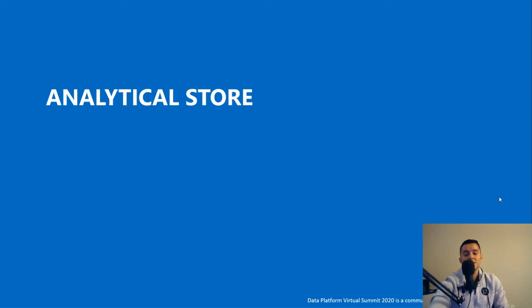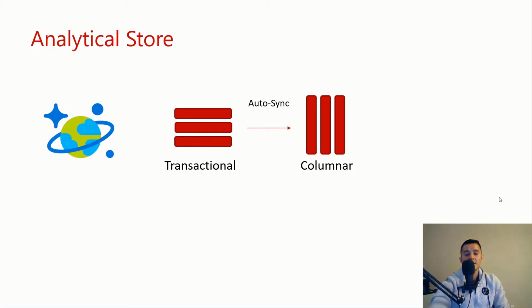Now this is the feature that allows that Cosmos DB data to connect into Synapse and to do it in an efficient way. The Analytical Store basically is a replicated copy of the Cosmos DB storage. So we go from the transactional storage, where it is stored by records, similar to how a relational database stores data, not the column store, and into a columnar format, and this is similar to column store.